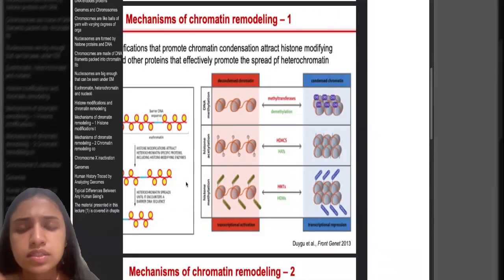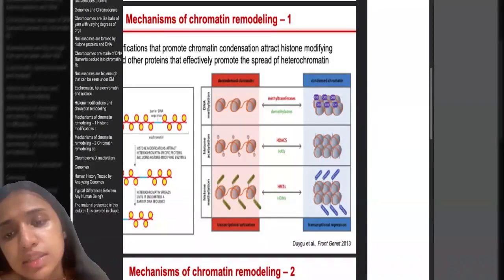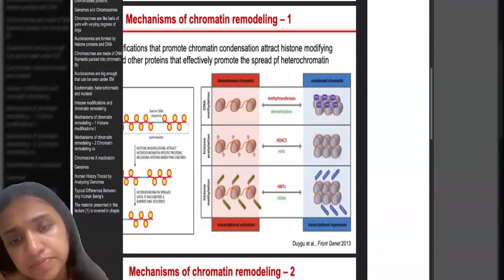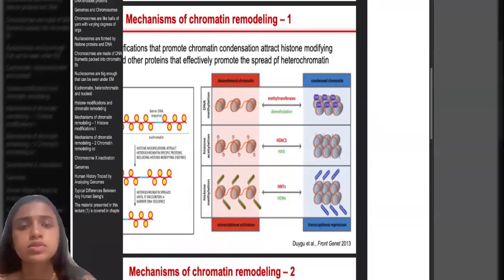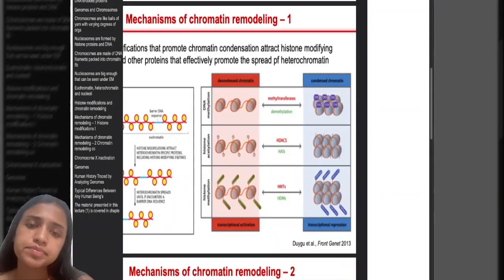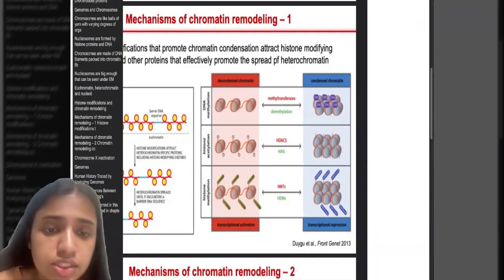So then you have the decondensed chromatin, the histone acetylation, and then histone methylation. You have the decondensed chromatin, you have the transcriptional activation, methyltransferases, it's giving you condensed chromatin, demethylation. HDACs, HATs, HMTs, HDMs.